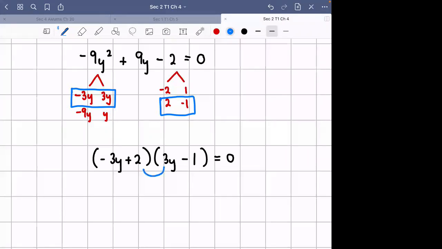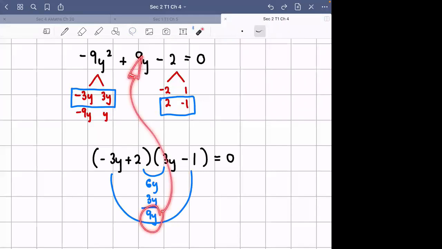So this one is 6y, and then when you multiply the outer, it's 3y. So yeah, we got it. So 9y. This is now the same with this. So we are now correct. This is the right factors.